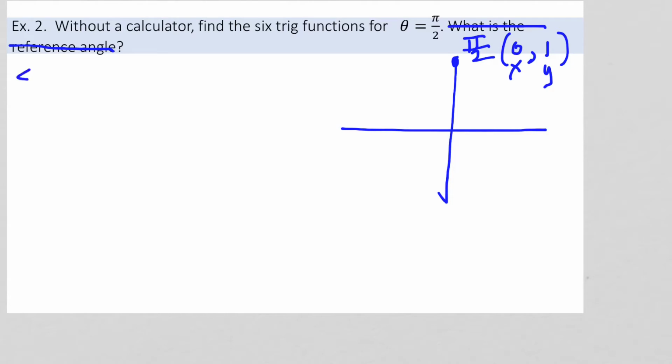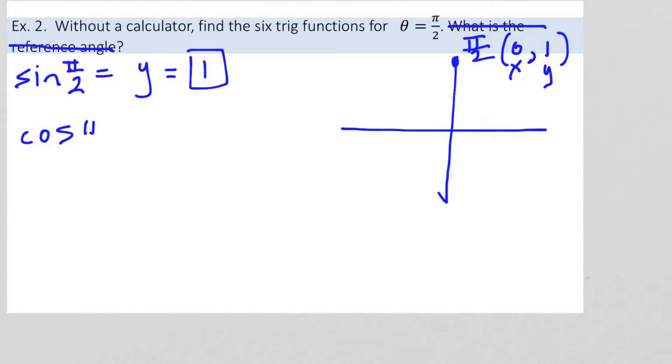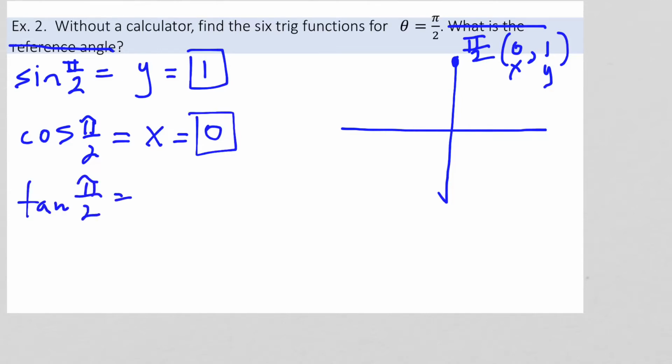So sine theta is equal to y, which is equal to 1. Let me go back and put the pi over 2. Cosine of pi over 2, so cosine is x, which is equal to 0. Tangent of pi over 2 is equal to y over x, which is equal to 1 over 0.